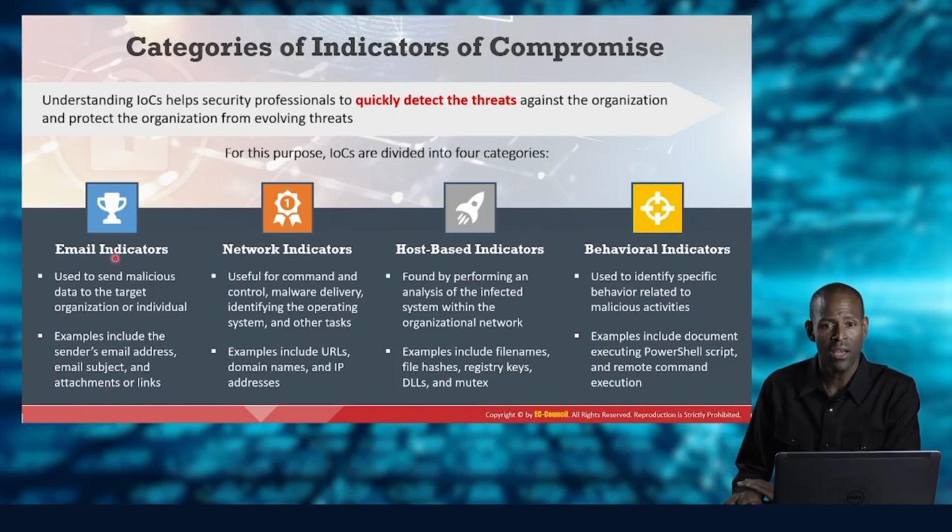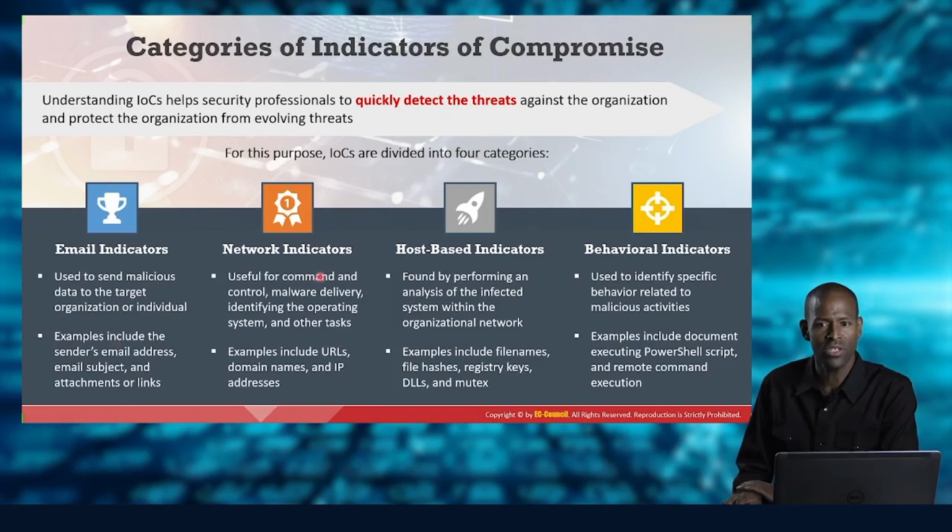I could take the email indicator that I find, an indicator of an attack coming from this domain, this IP address, feed that IoC into my security apparatus, and block it. See how an IoC can be useful.